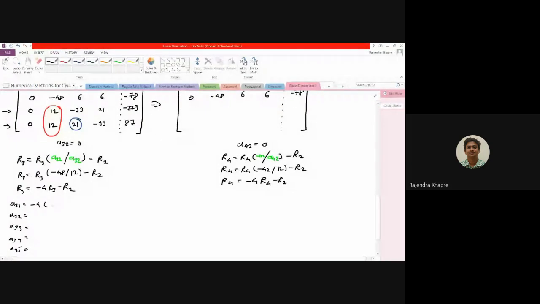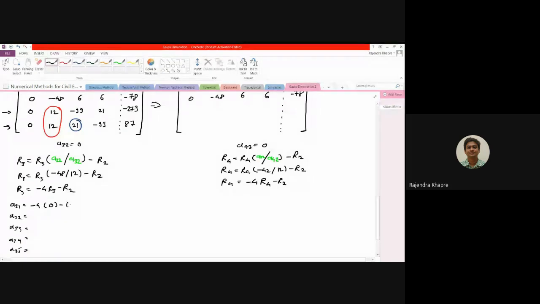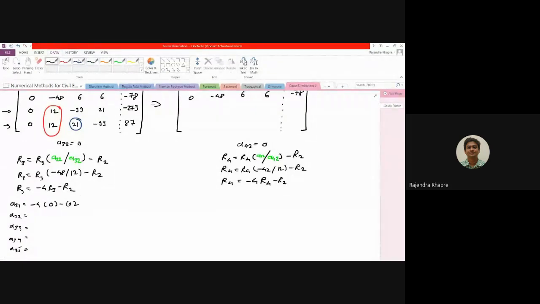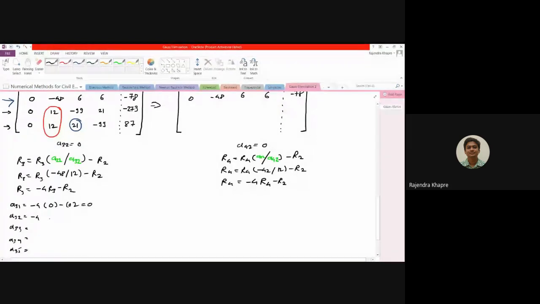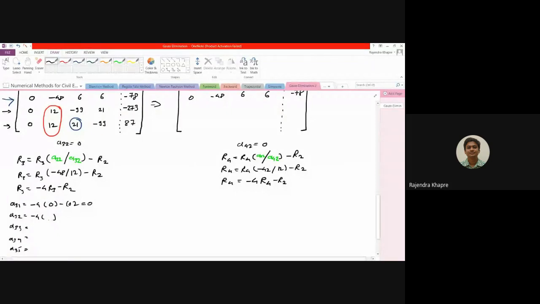This is minus 4 times r3, so r3 is 0, and a31 in r2 is also 0 over here. The second row is this one, so this will also be 0, and as a result this is going to remain the same. Then we have minus r4, so a32 is 12, and just above this you have minus 48.